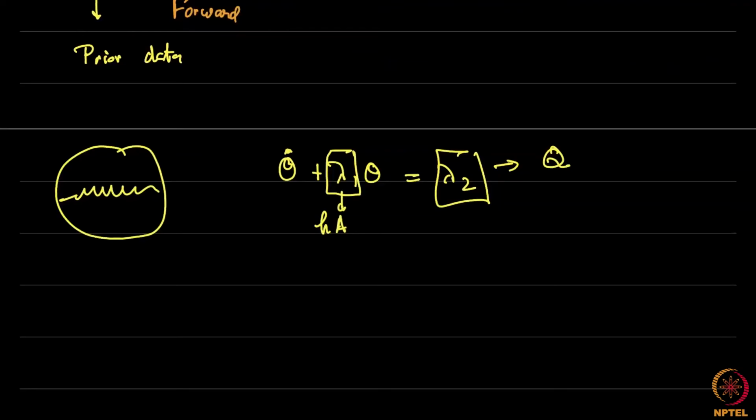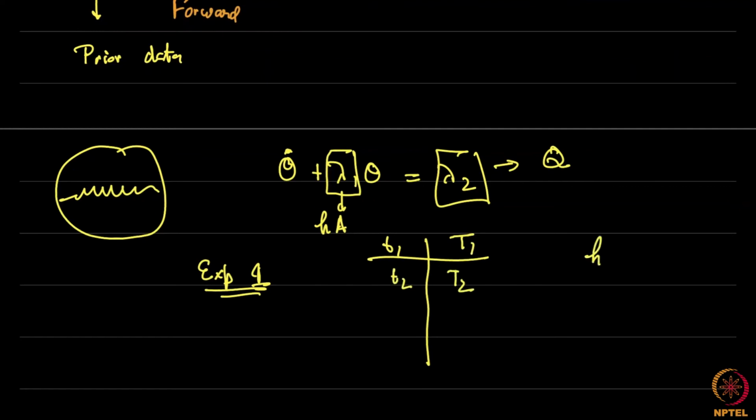So suppose for some experimental system, someone somewhere, let's say in the United States, did some experiment and they measured T1 and temperature 1, T2, temperature 2, but this was for some H and some Q. Okay. So they made these measurements.